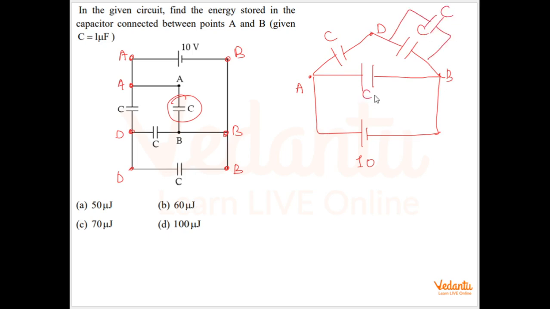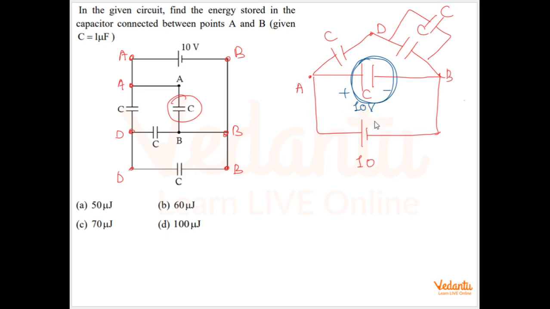Okay, but we are supposed to look at the capacitor which is talked about in the question. If you look at this capacitor, the potential difference across that capacitor will just be 10 volts because it is directly connected parallel to the battery.